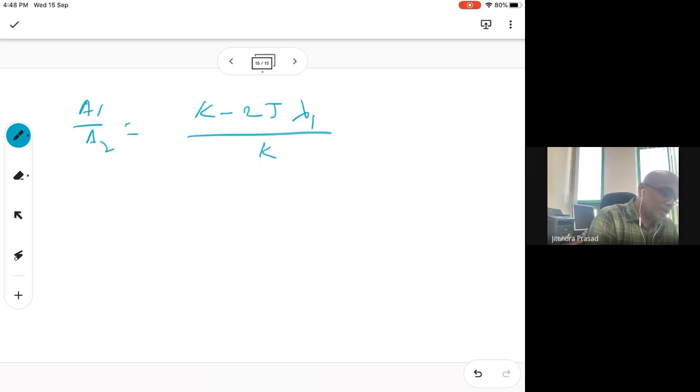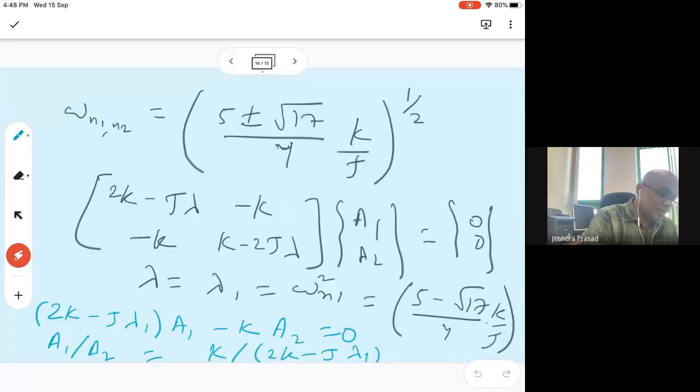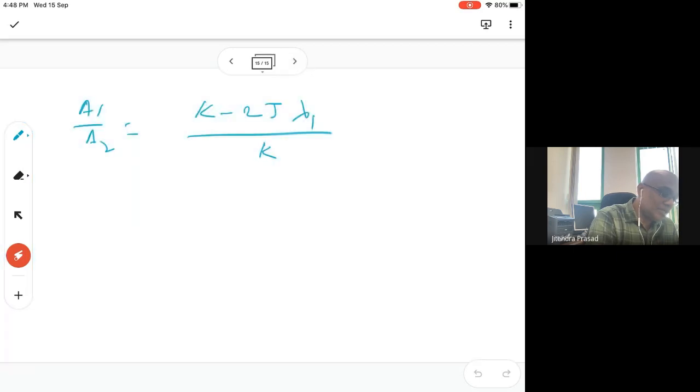Why? Because k times a1 minus plus this one is equal to 0. Same thing you get here: k times this one minus plus a2 times this equals 0. So we get this one. So a1 over a2: the k value you will know, the j value you will know, and lambda 1 you have calculated already. You put the values in and you will get that.